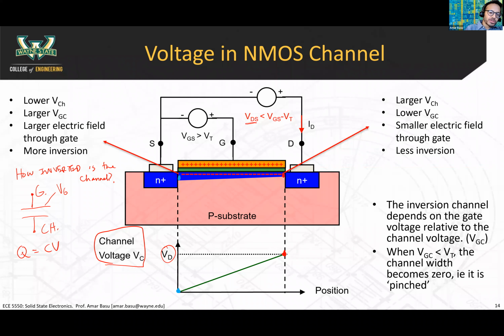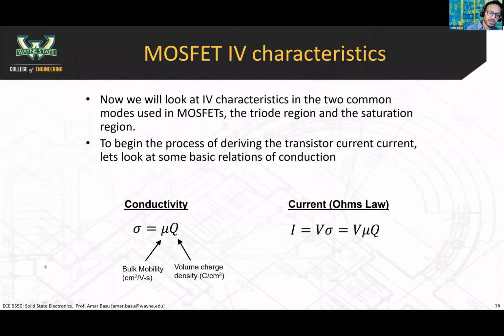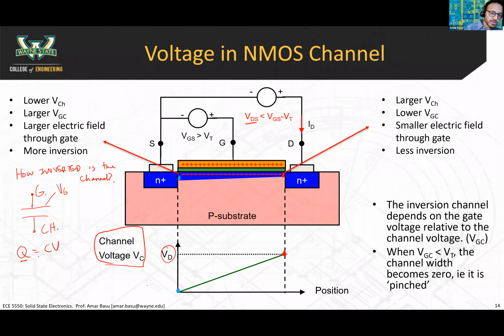We would like to have a lot of positive charge on one end and a lot of negative charge on the other end, because negative charge means the channel has become N-type. So we want lots of charge. Charge is equal to the capacitance times the voltage difference between the top and the bottom, so this is the capacitance times the gate voltage minus the channel voltage.